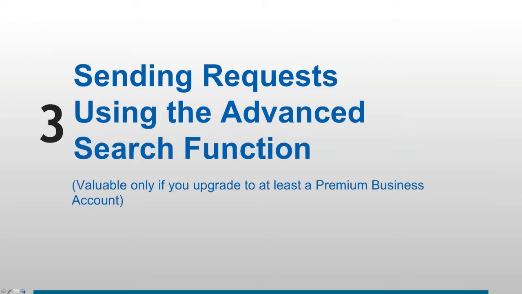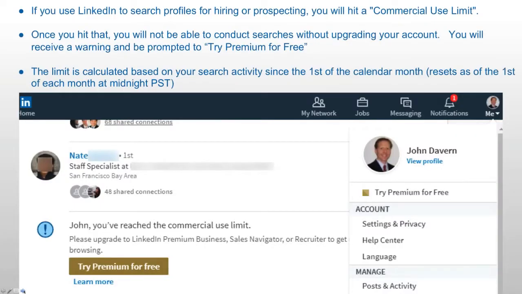Now the third method is sending requests using the advanced search function, but it's only valuable if you've upgraded to at least a premium business account. Very few individuals use this. I don't use it. But if you use LinkedIn to search profiles for hiring or prospecting, you will hit a commercial use limit.